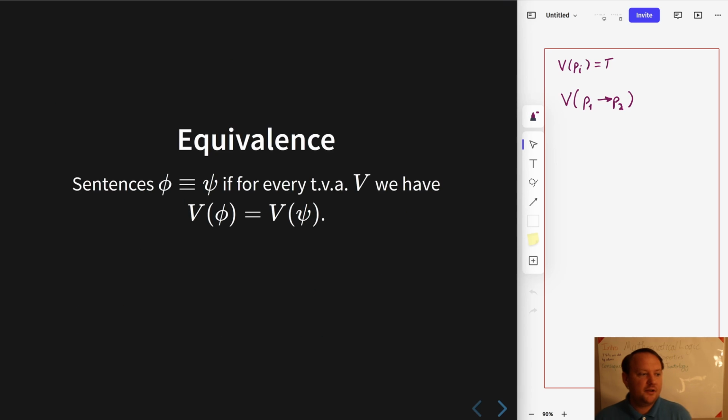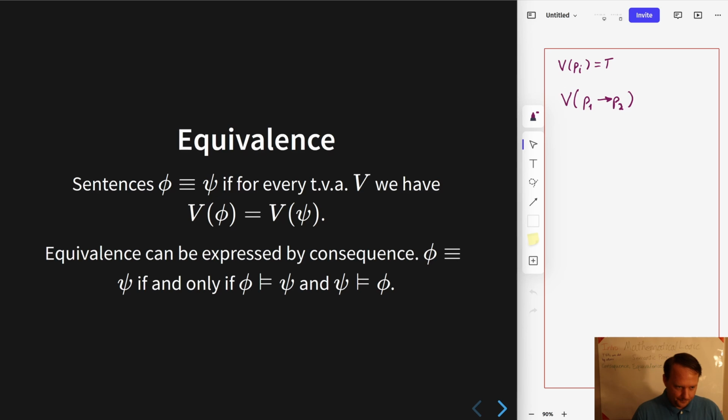Okay, the next definition, and these are all, by the way, semantic concepts, so they're concepts that are stated in terms of truth value assignments. So we're now going to define equivalence. A sentence phi is equivalent to psi. The way the book states it, which is perfectly good, is that every truth value assignment which satisfies phi also satisfies psi, and vice versa.